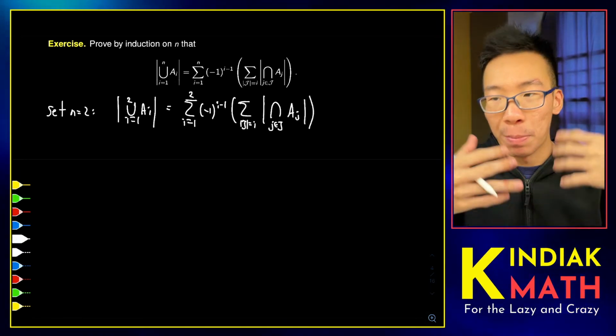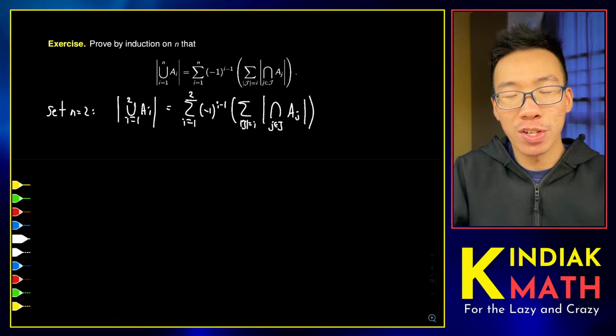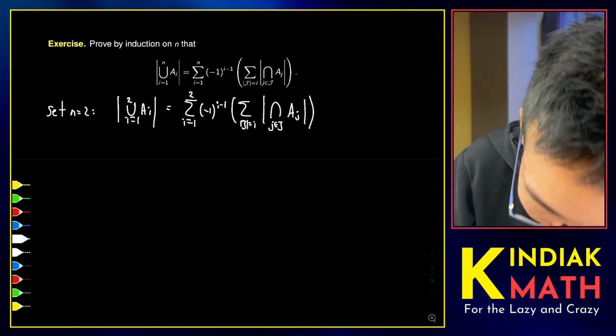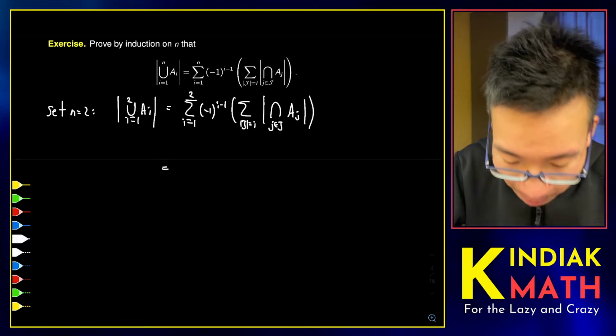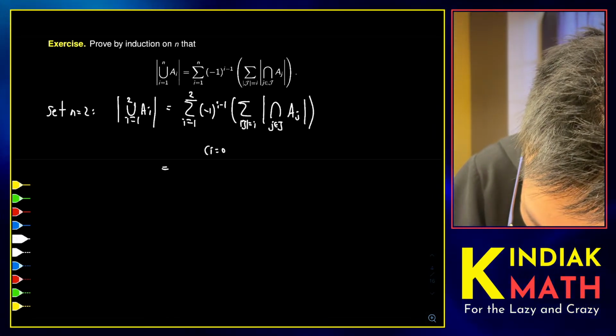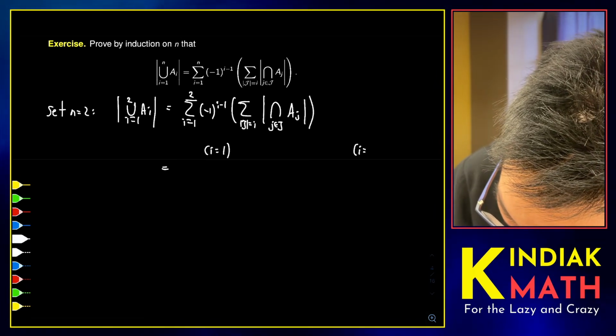Just to illustrate the point that this is indeed the general situation for the inclusion-exclusion principle, we can unpack it. We can consider i equals 1 here, and then i equals 2.